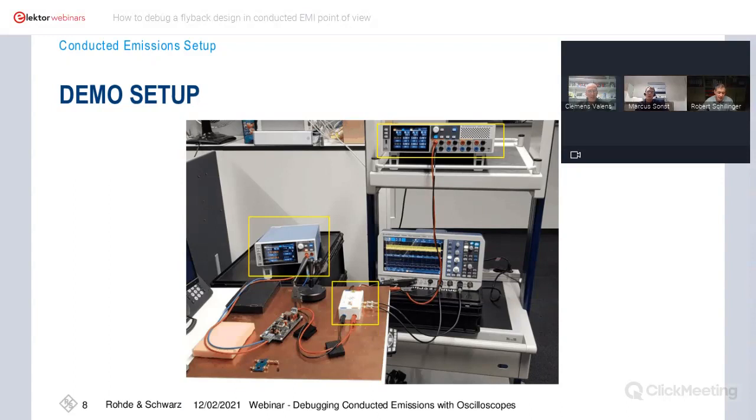Yes, that's correct. You see the copper plane, and the device under test, the cabling, and also the LISN are put on this conductive desk so the common mode can couple to this plane. That's the important thing.